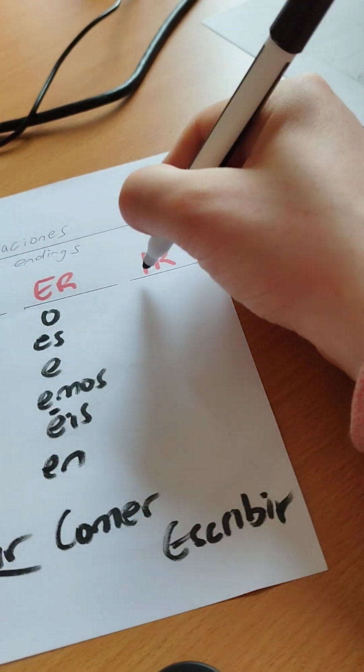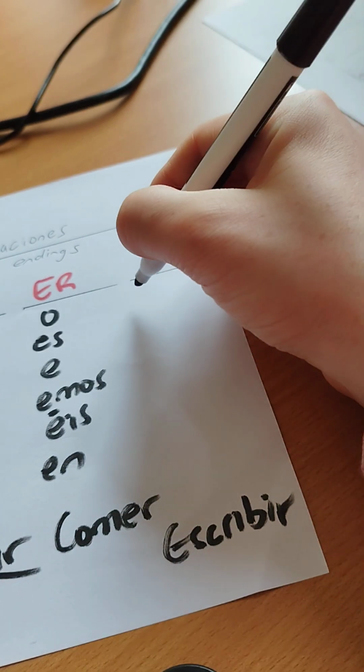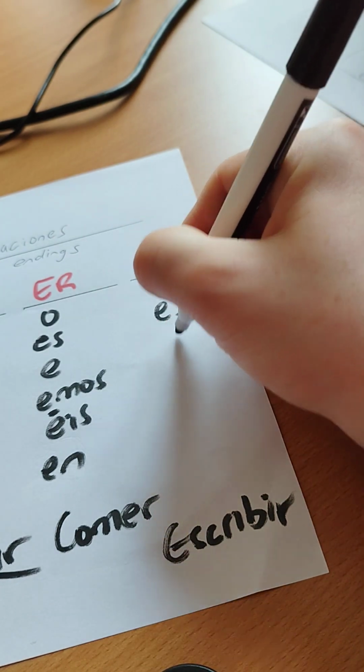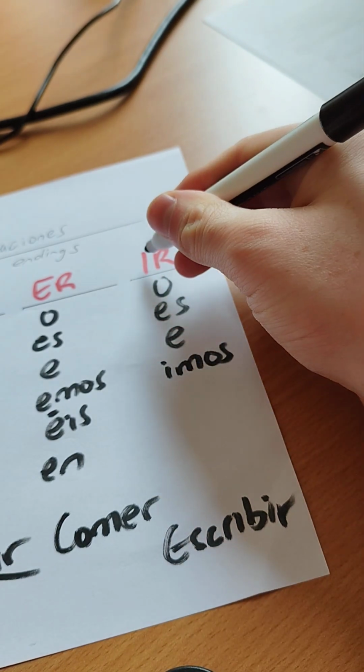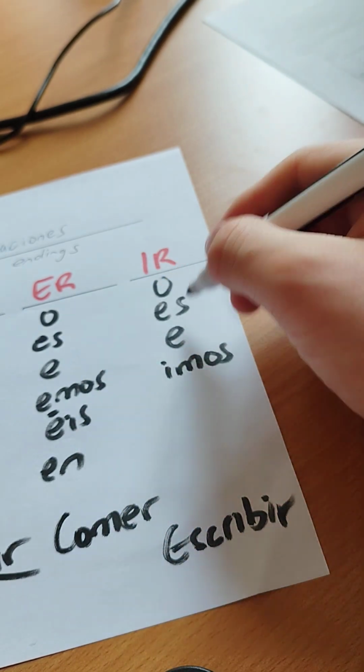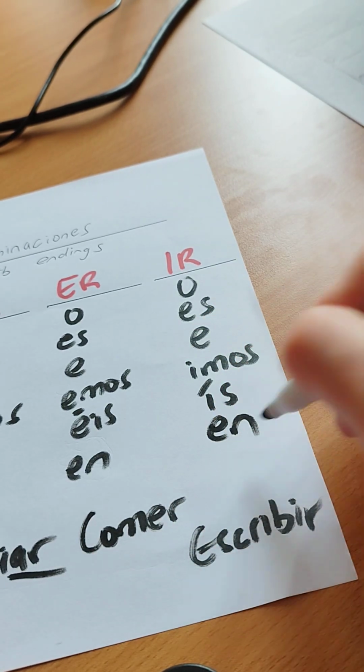And similarly, for IR verbs, it's very close to this one, except for this part: o, es, e, and this is where it changes, imos. Then this one as well is ís, and back to the same again, and these are the endings.